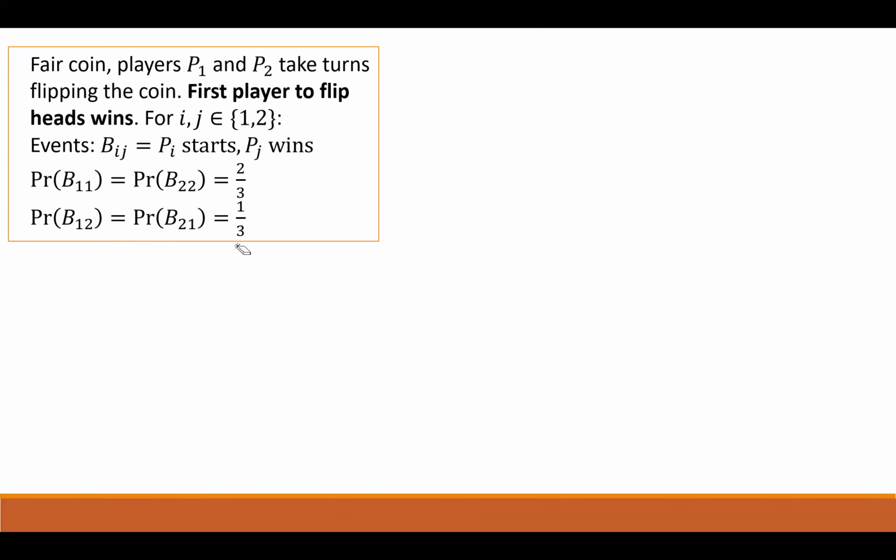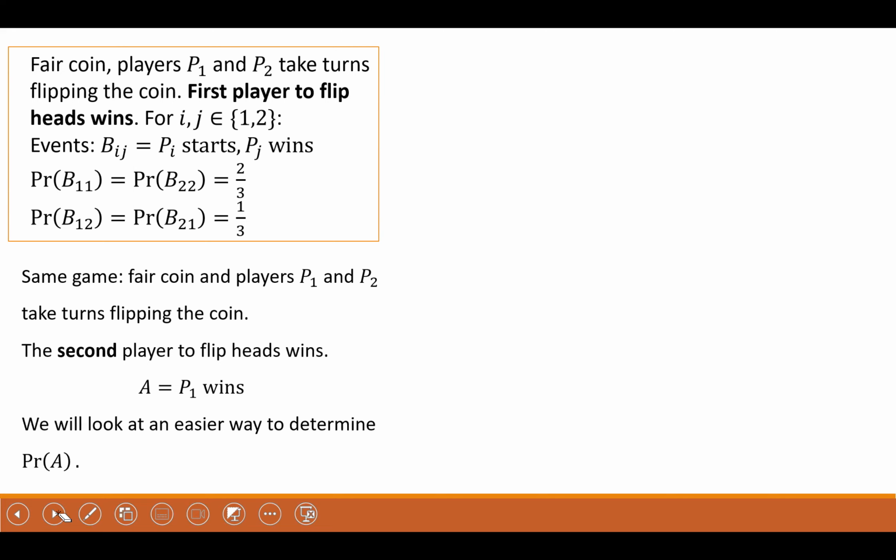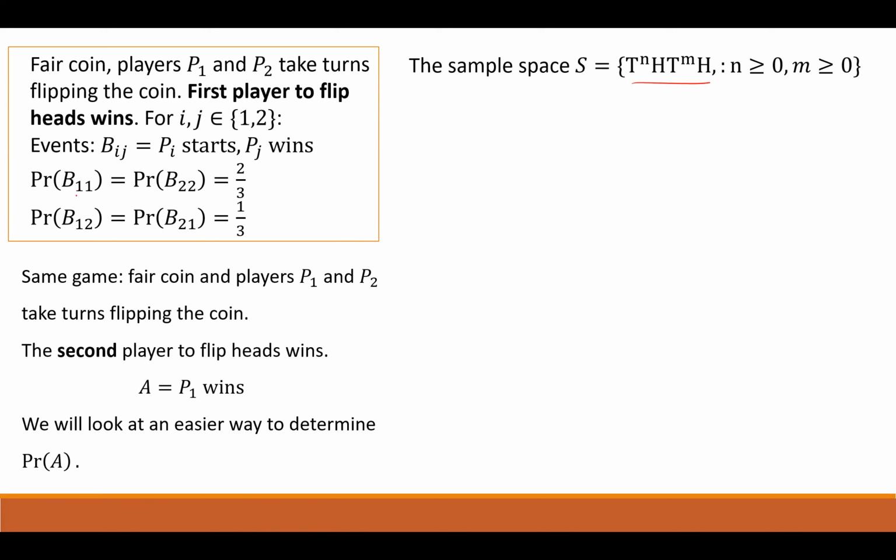So we're going to use that stuff that we already know, and then we're going to paste these events together. Okay, so second player to flip heads wins, and we want to define the event A as player 1 wins, and hopefully this is a slightly easier way to figure out the probability of A. This is our sample space, of course, but we can also express any of these strings by some concatenation of these strings, right?